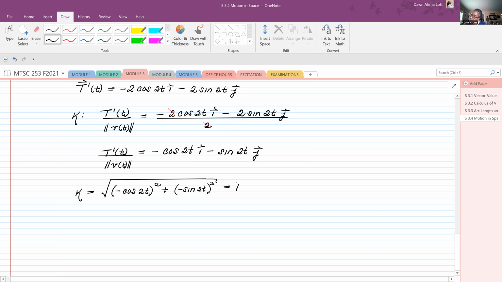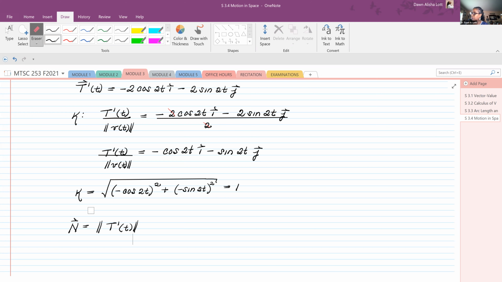And then N says find the length of T prime of t. So the length of T prime of t is also 1.